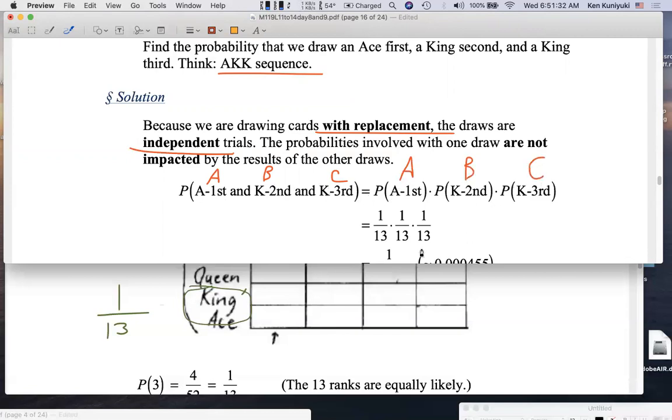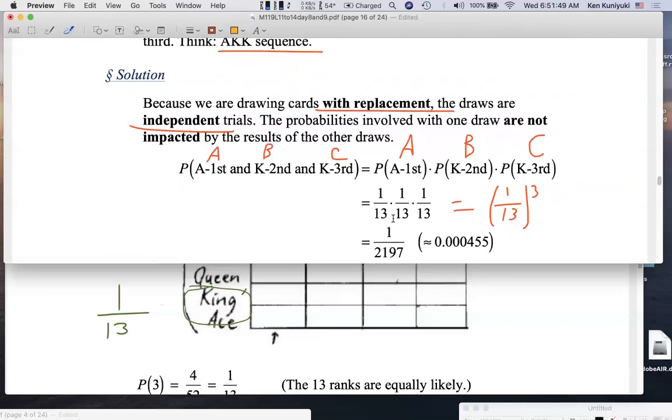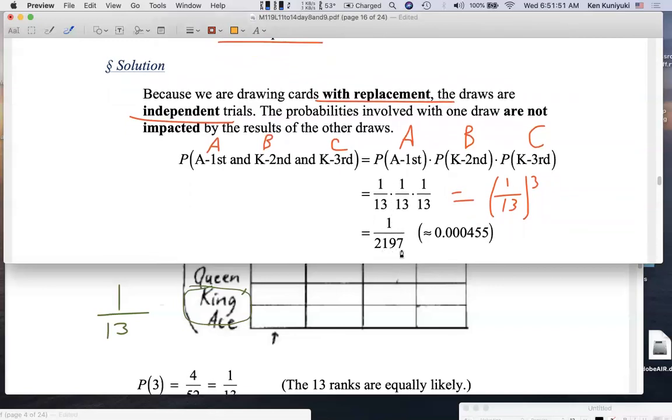It's the straight product. It's 1/13 times 1/13 times 1/13, also known as 1/13 to the third, or cubed. Exponents come up a lot in these independence problems. By the way, that's 1 over 2,197. It's not very likely. It's about 0.000455.